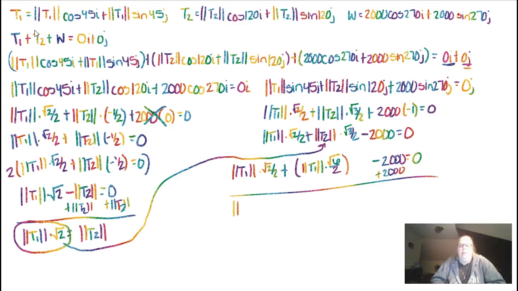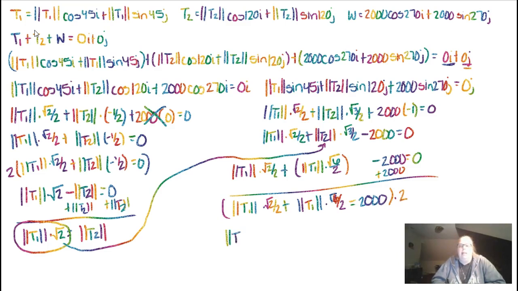Okay, let's add that 2,000 to the other side. Then we'll have the magnitude of T1 times the square root of 2 over 2 plus the magnitude of T1 times the square root of 6 over 2, that should be 6, is equal to 2,000. And let's multiply both sides by 2 so that we can eliminate the fractions.